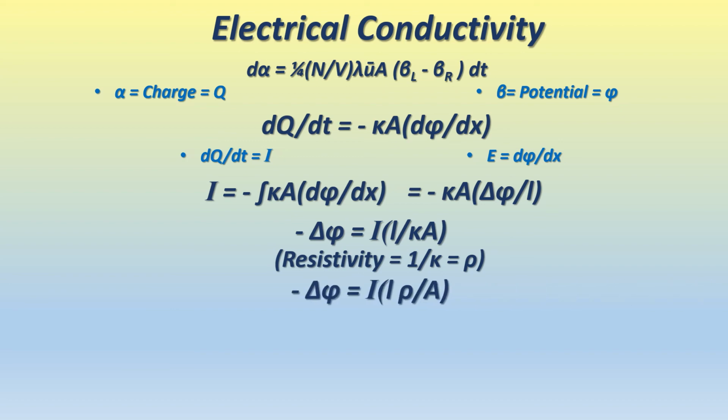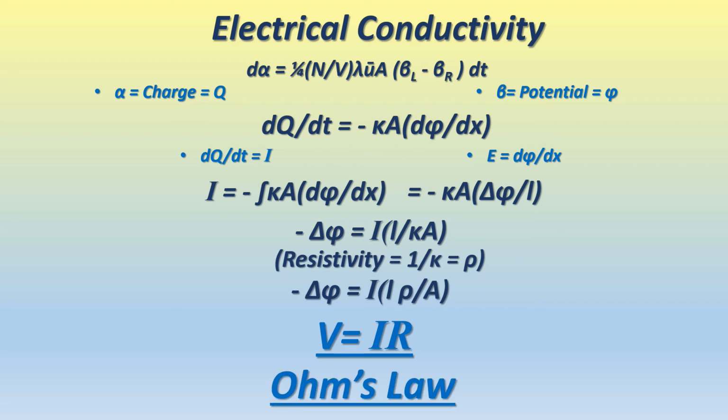Essentially, at this point, I have the change in potential, which is a voltage, is equal to a constant, times the distance traveled divided by the area times the resistivity, or divided by the conductivity. You get V equals IR, which is Ohm's law. So in this case, you have three disparate properties, all of which involve motion, which means all of which generally obey the same law and are connected with each other.